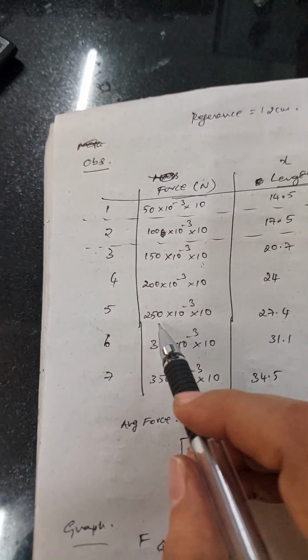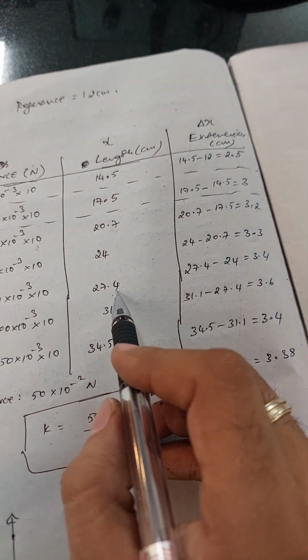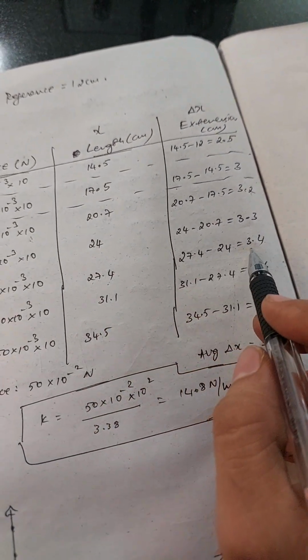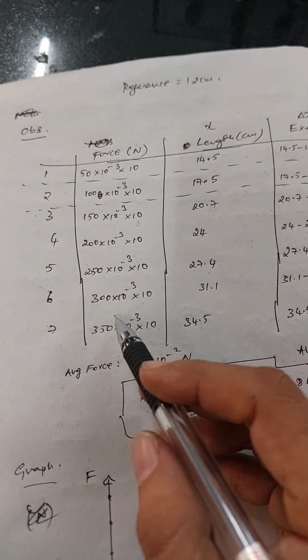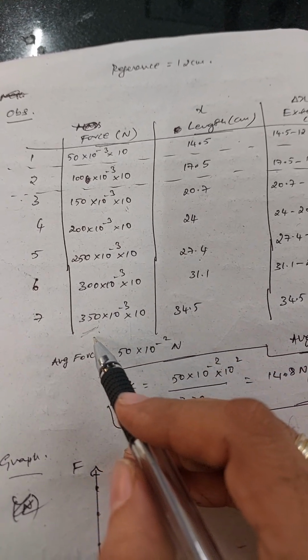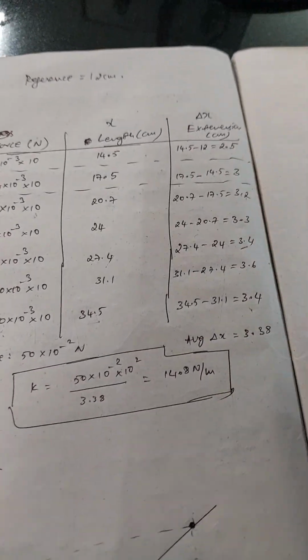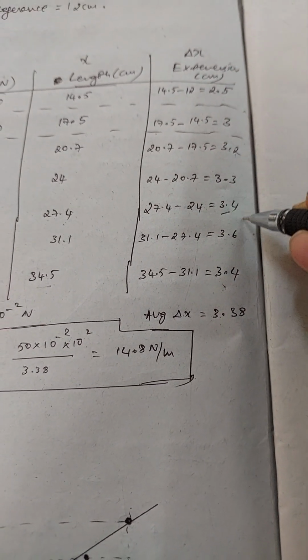So that's what I've written here. For 250 grams, the length is 27.4 and the extension is 27.4 minus 24, which gets me 3.4. Likewise, I will calculate for two more 50 grams of slotted weight. Then my final reading would be 350 grams, that is 34.5, and the extension is 3.4. So you can see that this is the extension.